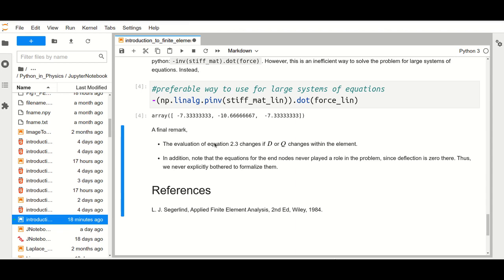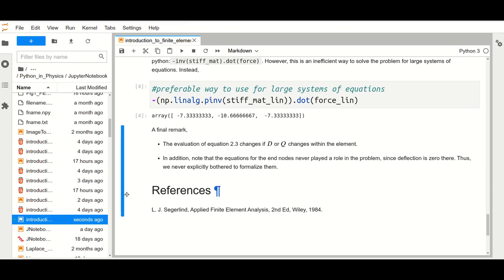And the second note is that the formulation of the equations for the end nodes was never evaluated because they simply cancelled.